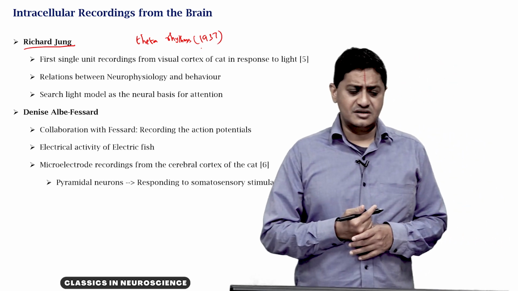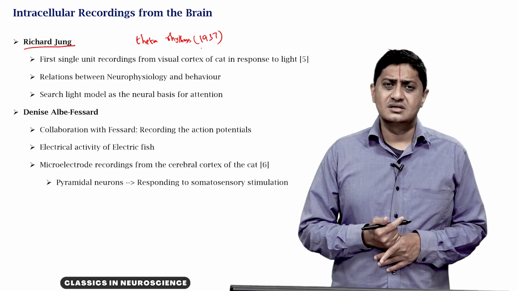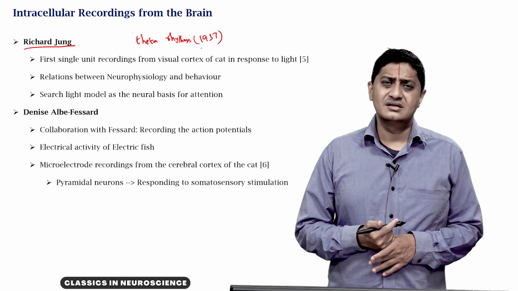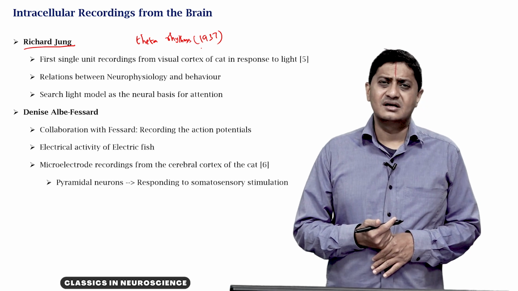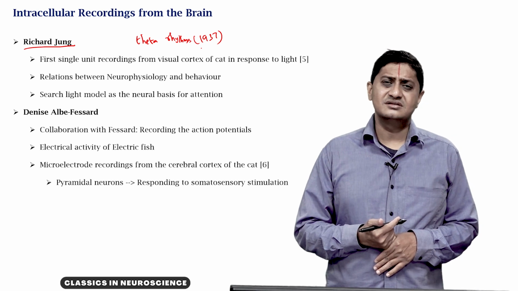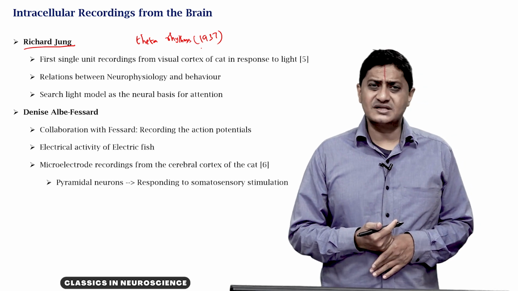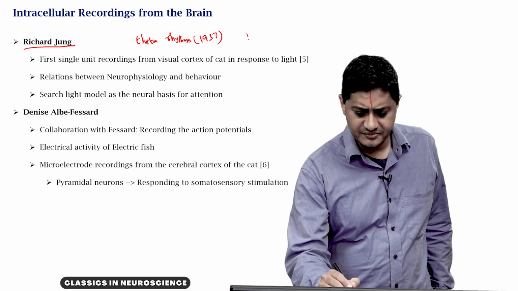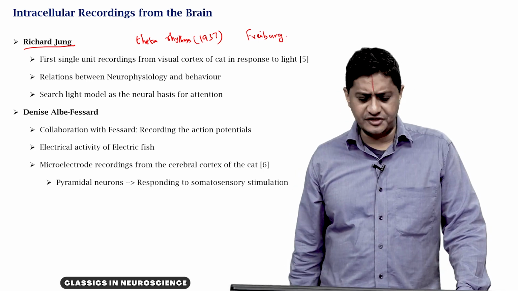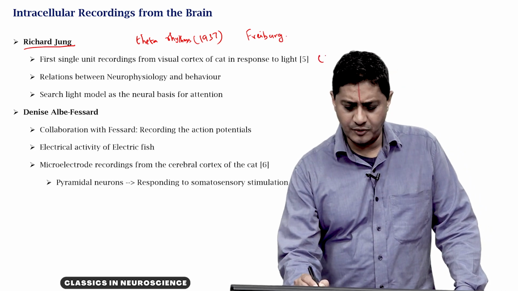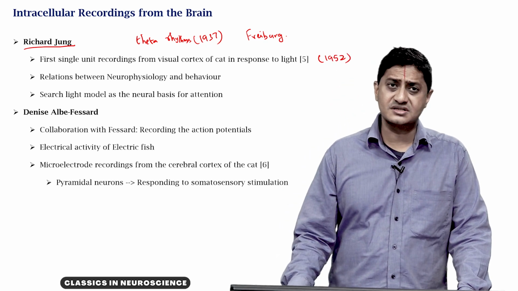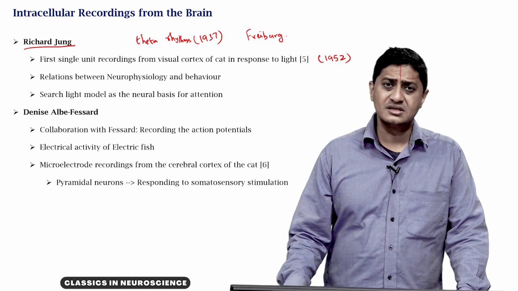After the war, Richard Jung was instrumental in reviving the scientific field, specifically the study of neurophysiology and neuroscience in Germany. He set up the research unit in Freiburg after the war, and in 1952 he reported the first single unit recordings from the visual cortex of the cat in response to light stimuli.